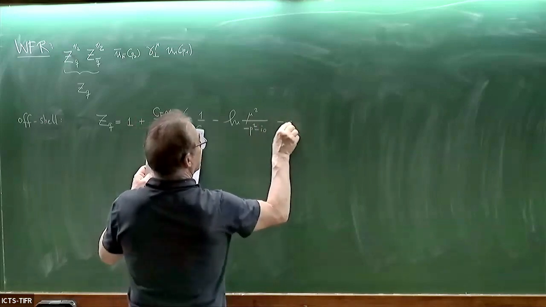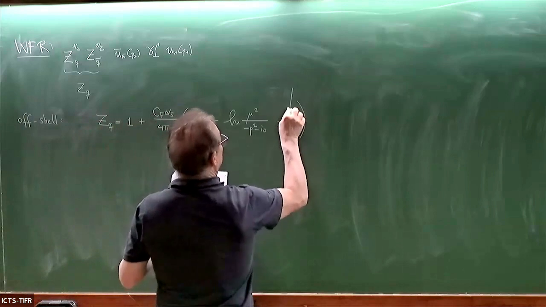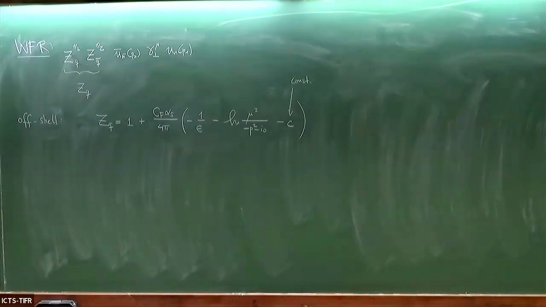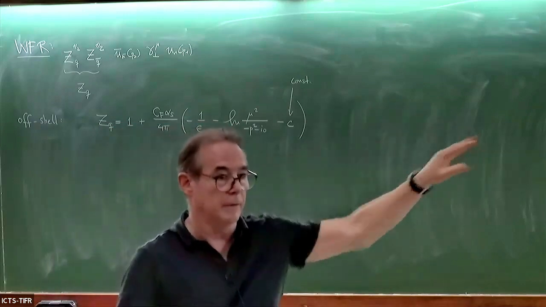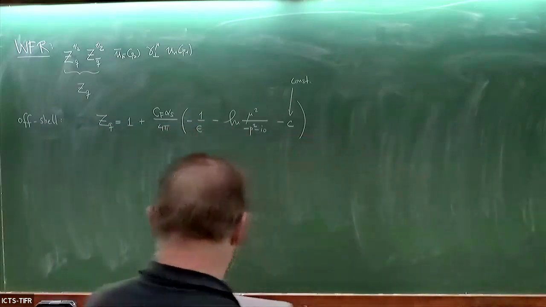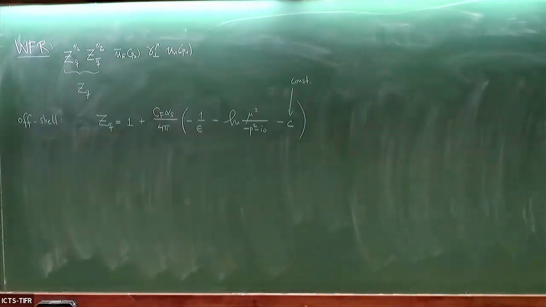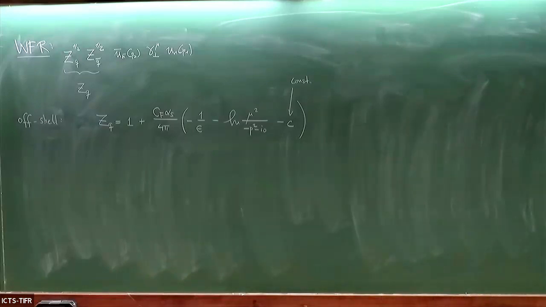And then there is a constant here. I was too lazy to compute the constant. I just call it C because it will cancel out at the end of the day. And p square here is either p1 or p2, depending on which of the two quarks we look at. Now, we put everything together: collinear contribution, anticollinear contribution, ultrasoft contribution, wave function of the first quark, wave function of the second quark.